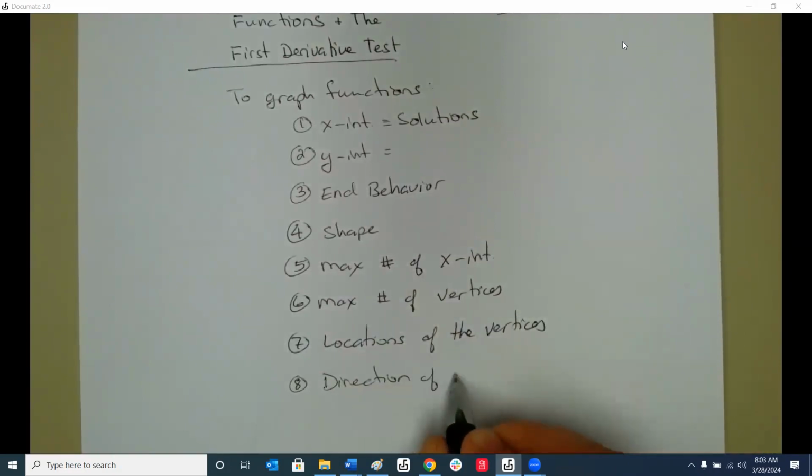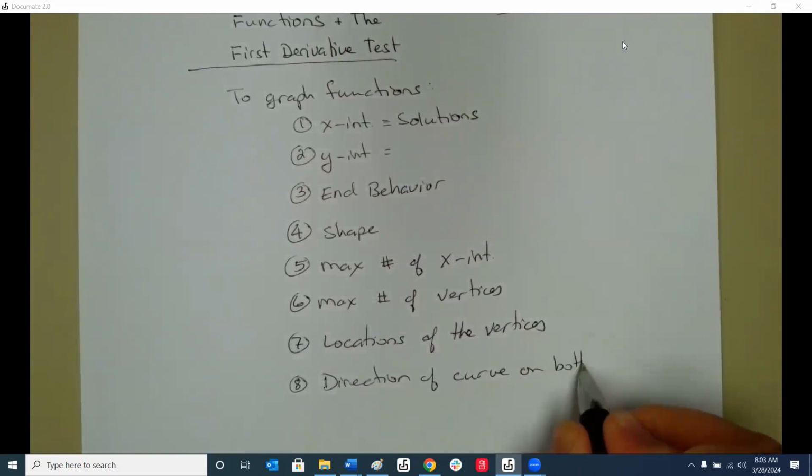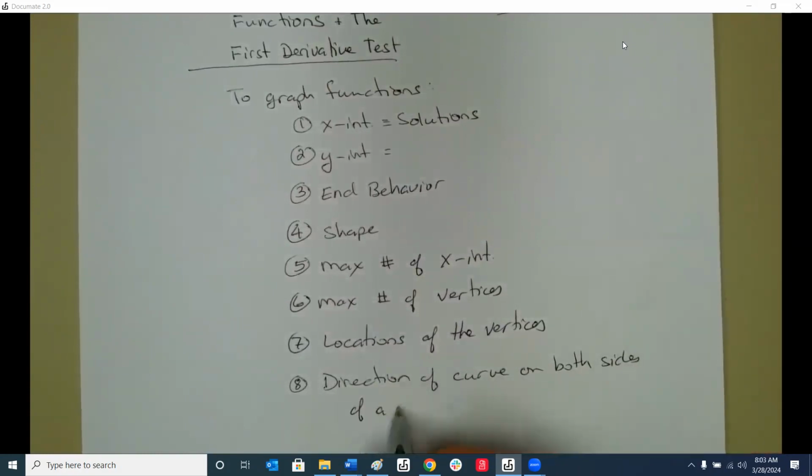And the direction of the curve on both sides of a vertex.